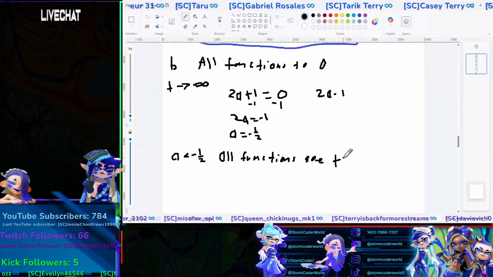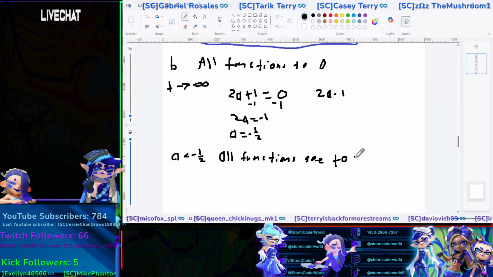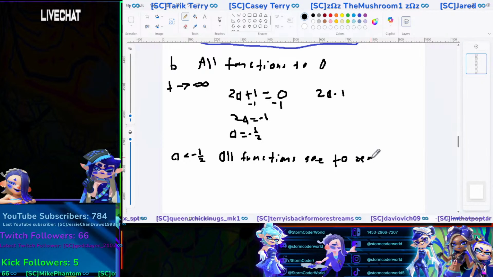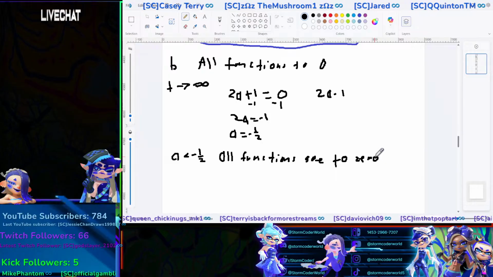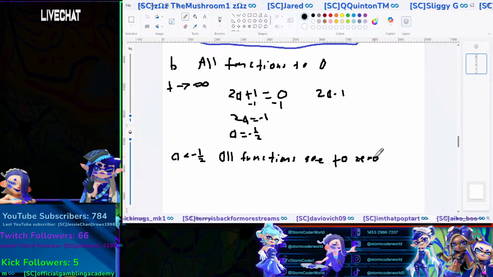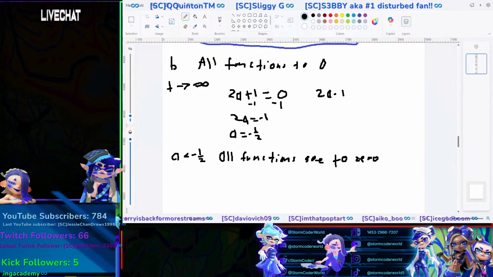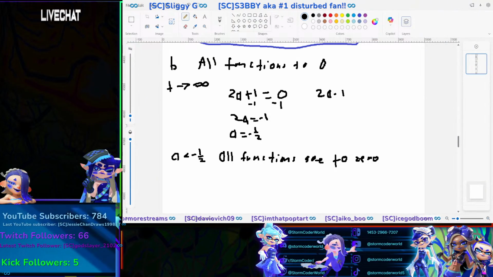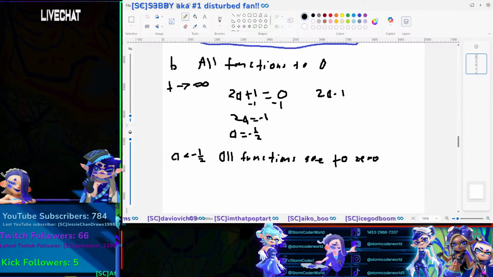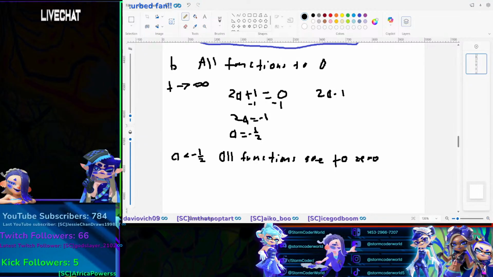Part C is very easy to answer because it's a continuation of this problem. For part C, the question was, determine the value of a, if any, for which all non-zero solutions become unbounded.